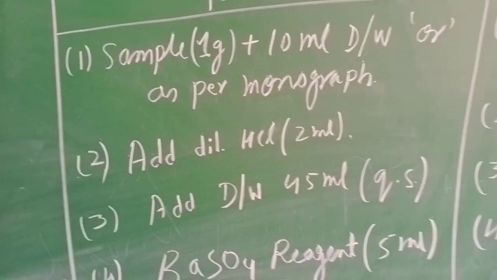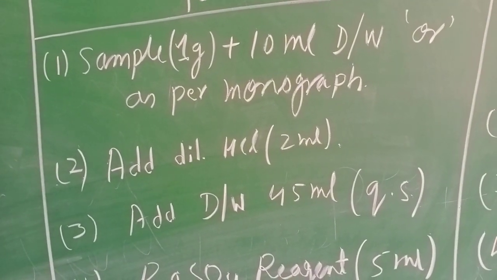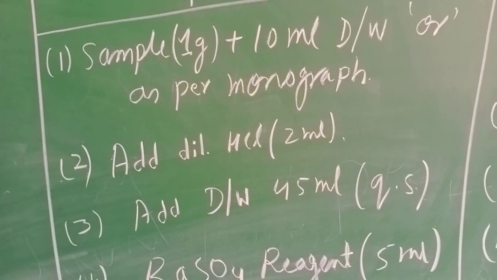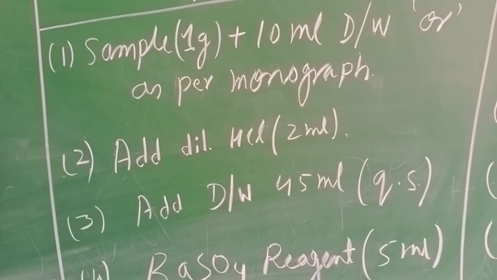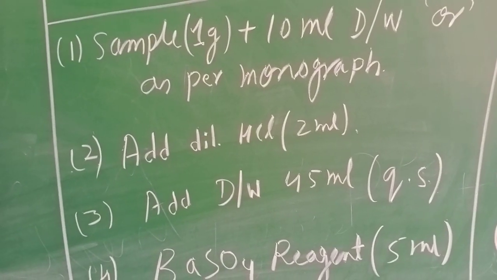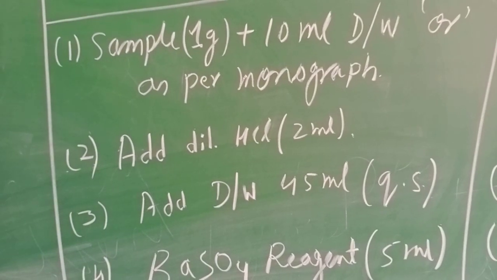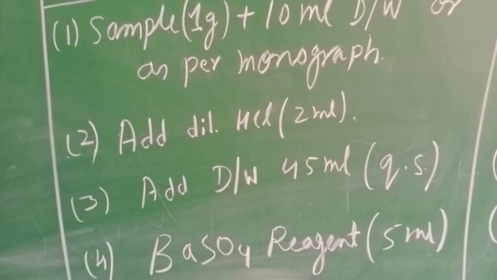Once the sample is transferred to the Nessler cylinder, further in step 2, we have to add carefully 2 ml of dilute hydrochloric acid.